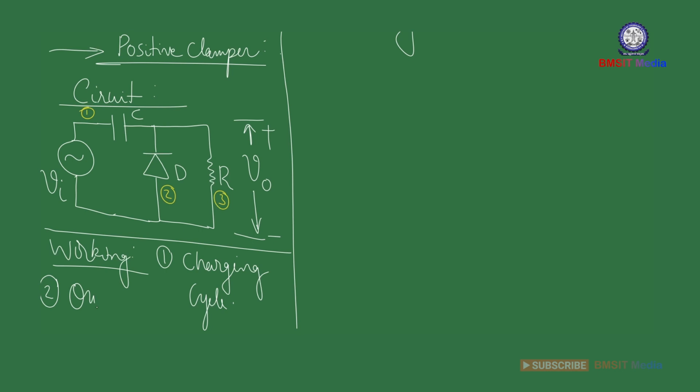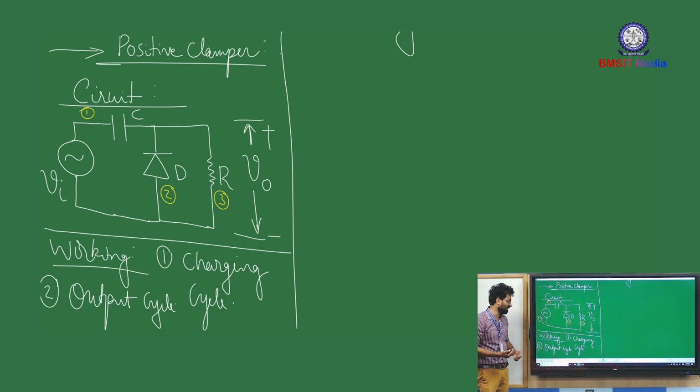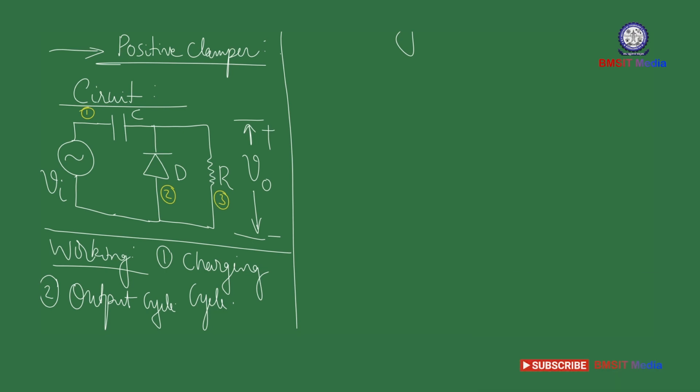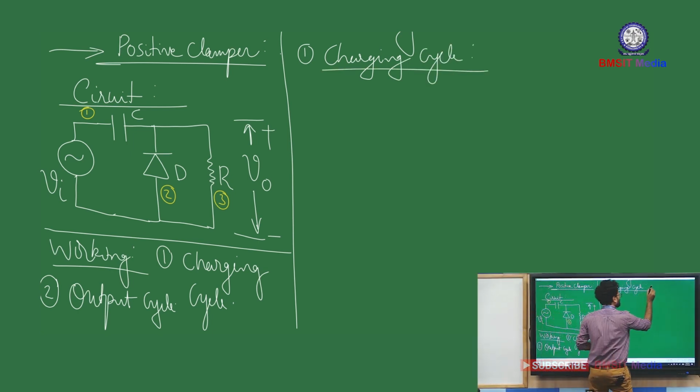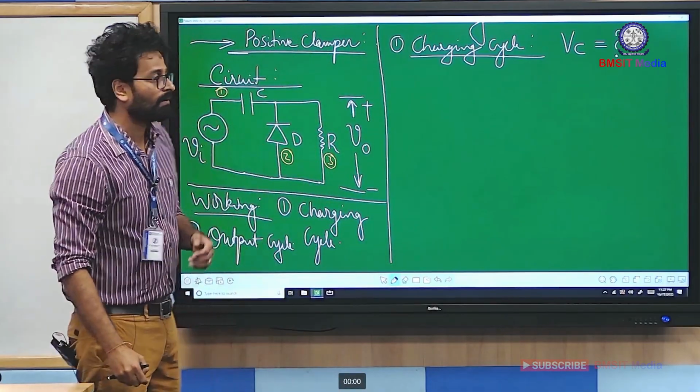The second one is the output cycle. Once the capacitor is charged, you may proceed to find the output voltage. So first let us consider the charging cycle. In the charging cycle, our aim is to find the charging voltage of the capacitor, that is Vc.